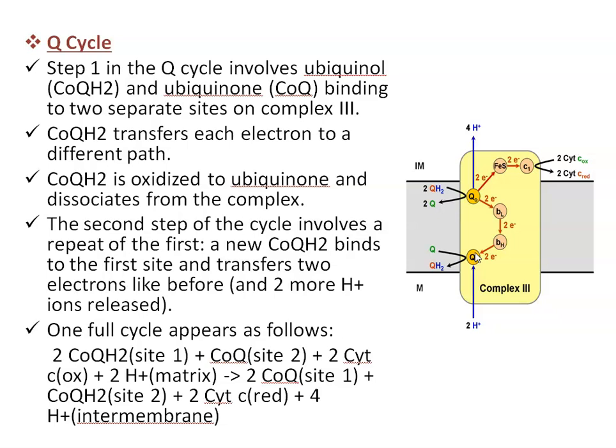Now, the second step of the cycle involves a repeat of the first one. A new QH2 binds to the first site and transfers two electrons like before. Again, one electron passes to cytochrome C and one to cytochrome B, which this time works to reduce CoQH to CoQH2 before it dissociates from complex 3, and it can be recycled.